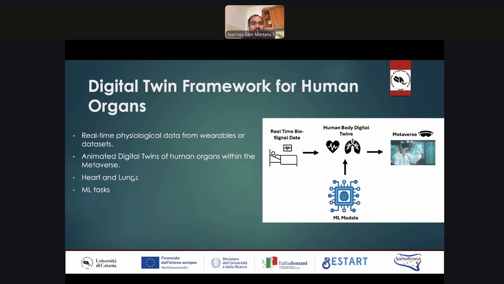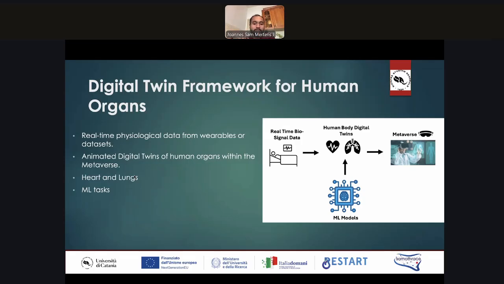So it's as if the doctor is actually looking at what's happening inside your body, meaning how your heart is functioning, how your lungs are functioning, based on the real sensor data that is fed from the sensors or the wearables.